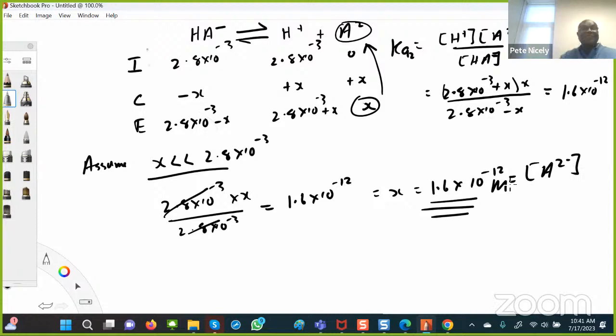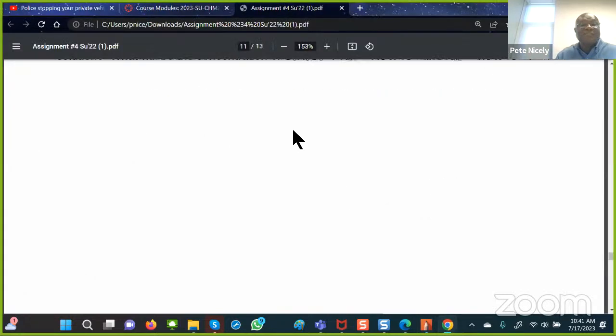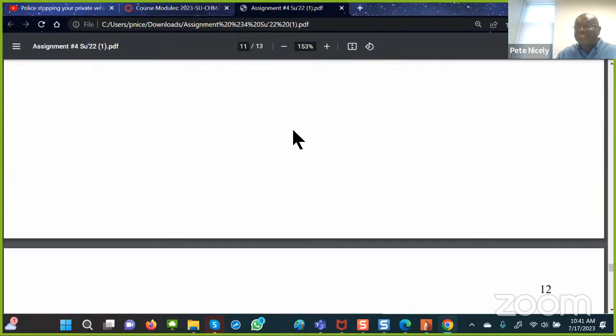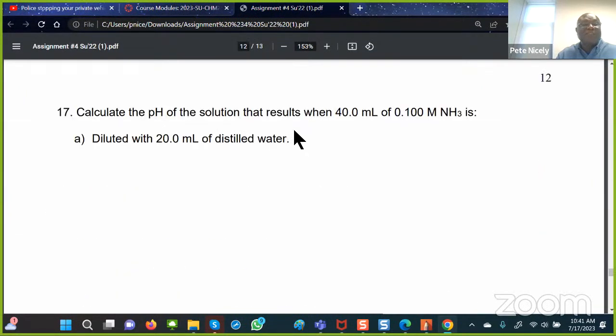Okay, so let me go back to the assignment and move on to question number 17. It says, calculate the pH of a solution that results when 40 mL of 0.100 M ammonia is diluted with 20 mL of distilled water.